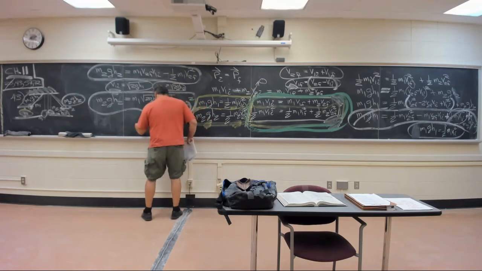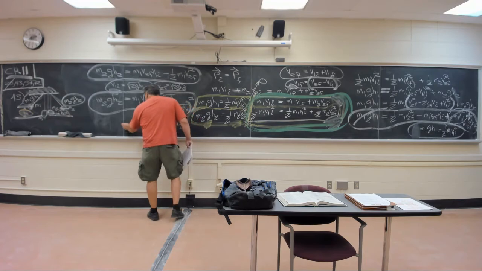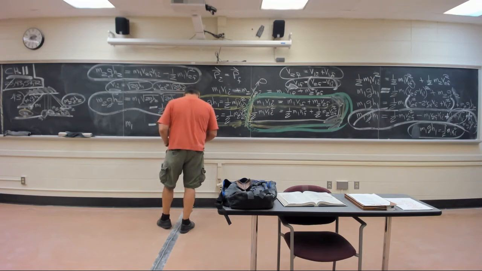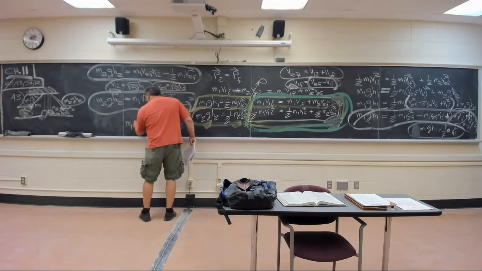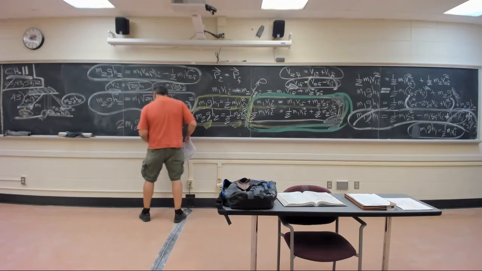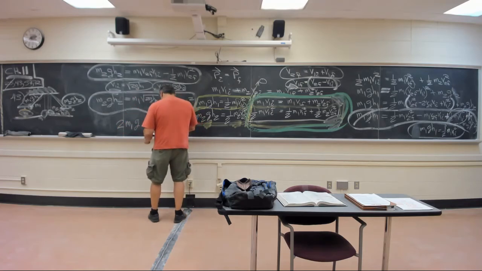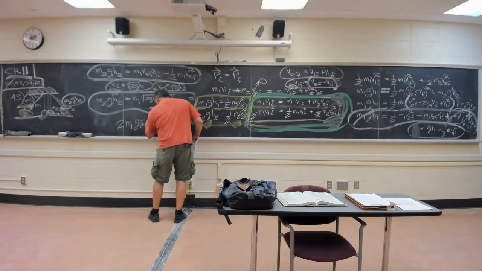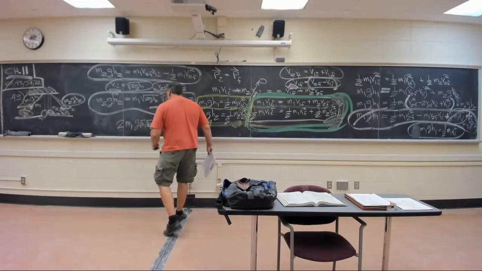So what happens is you end up getting, for this one right here, M1, the G is the G, the 2 is the 2, and you got square root of H1, square root of H2.